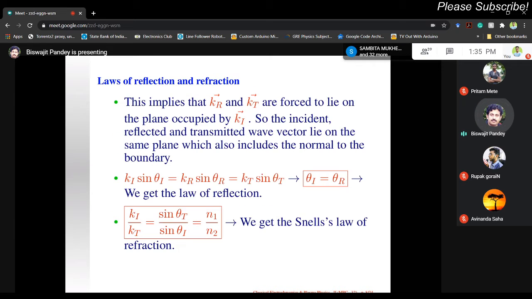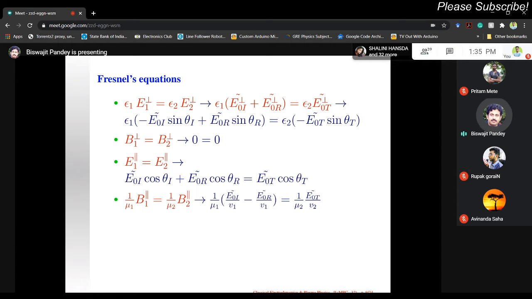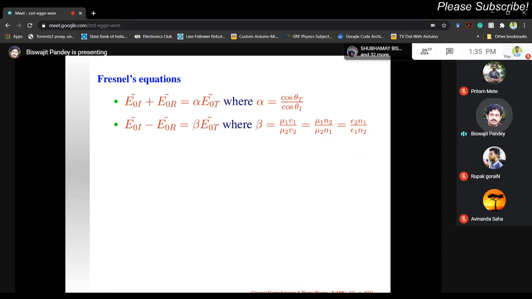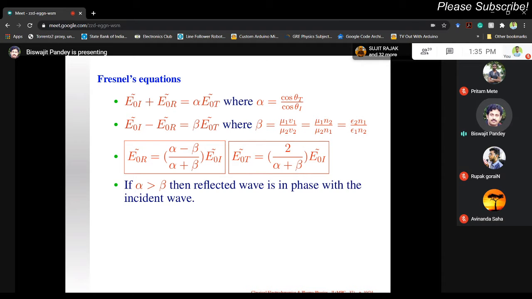If you also apply the boundary conditions at the boundary, we have this set of Fresnel equations, by solving which we can get the amplitude of the reflected and transmitted electric field in terms of the amplitude of the incident electric field.